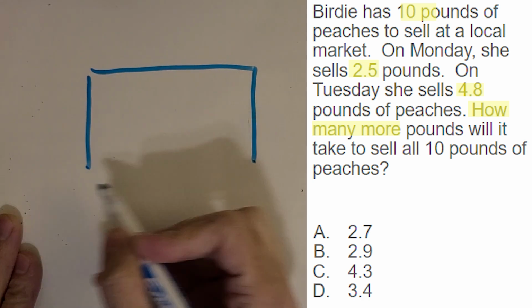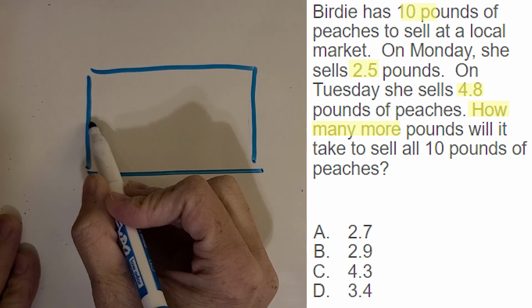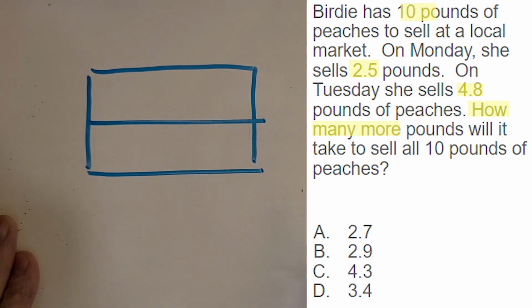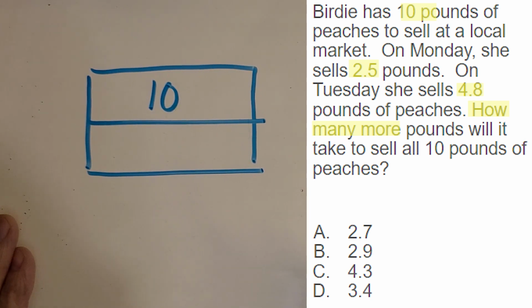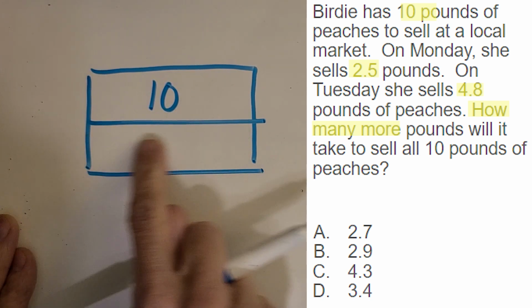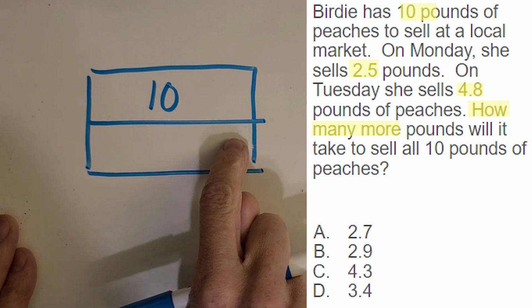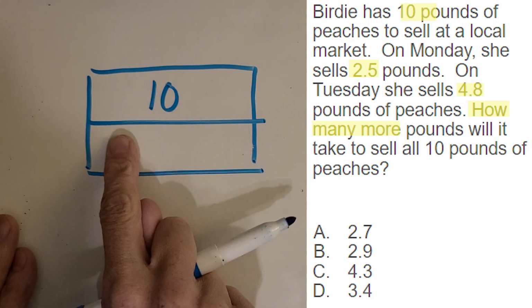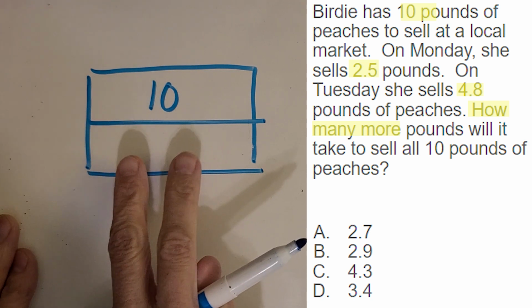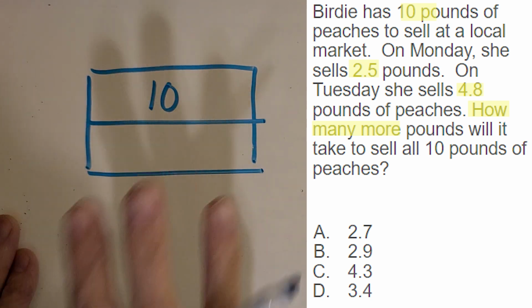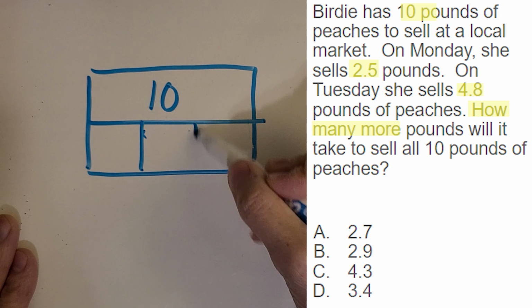So I'm going to draw a rectangle and cut it in half like that. And since I know the total pounds she has, I put the total up at the top. And then I think about how many parts I need down here. So let's see. She sold some on Monday, some on Tuesday, and then we want to know how many more. So that should be 3 sections.